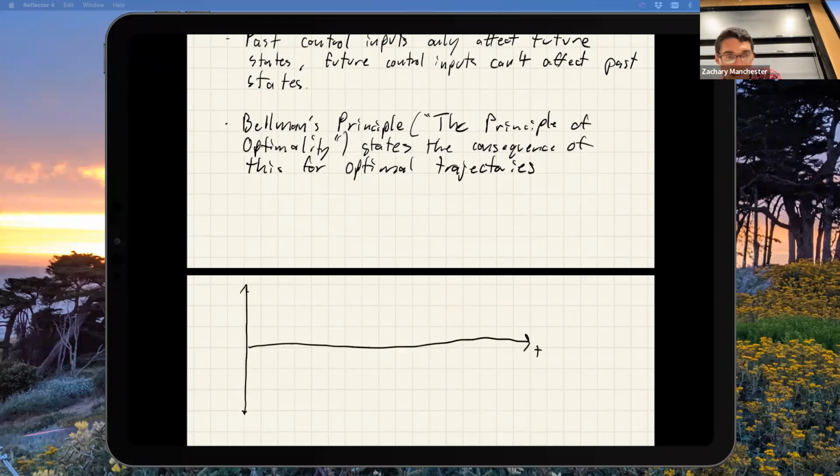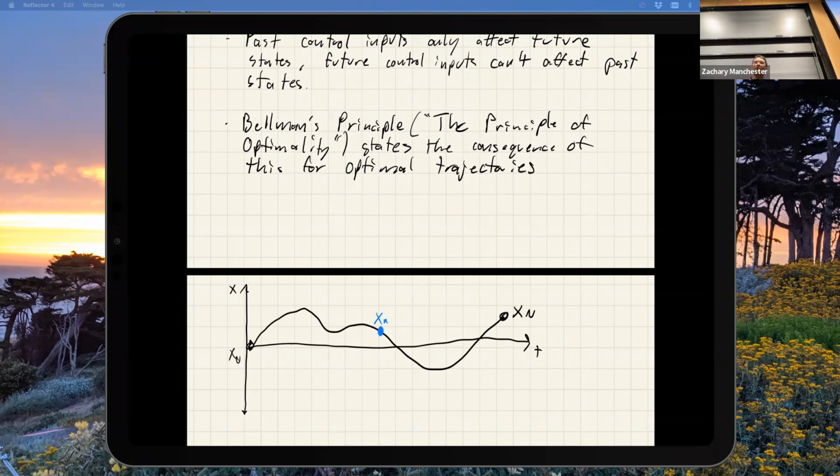So this is t, and this is, say, x, and I have x naught over here, and the optimal trajectory, say, wiggles around and does something like this and ends up at xn over here, right? And let's say that's optimal with respect to some cost function, dynamics, whatever. Let's say I took some random xk in the middle of this trajectory, say right here.